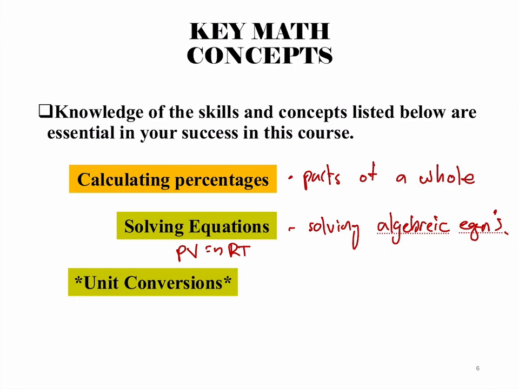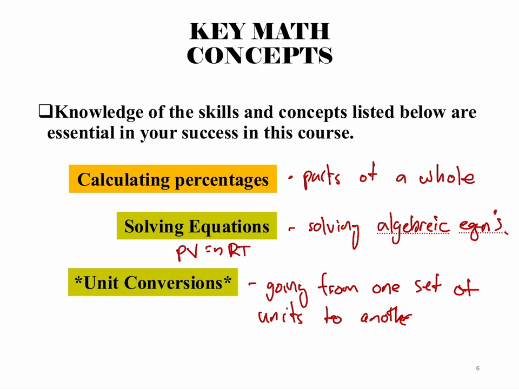And then unit conversions, which I would say is probably the most important thing that you'll be able to do in chemistry. And if you understand unit conversions, I say that probably gets you 90% of the way there of doing well in chemistry. And so this includes things like going from one set of units to another.